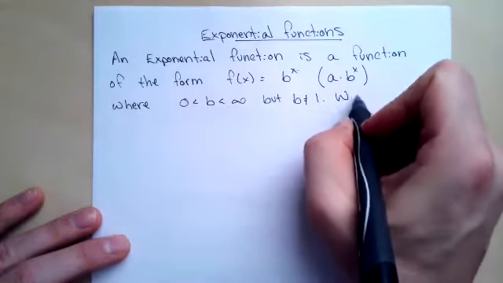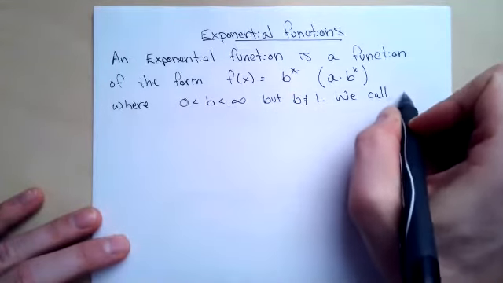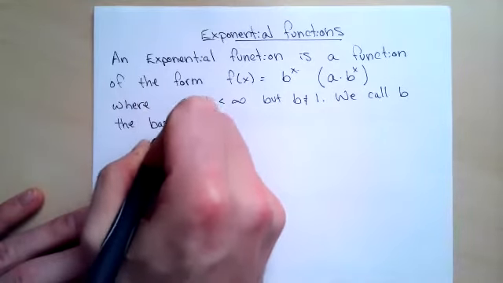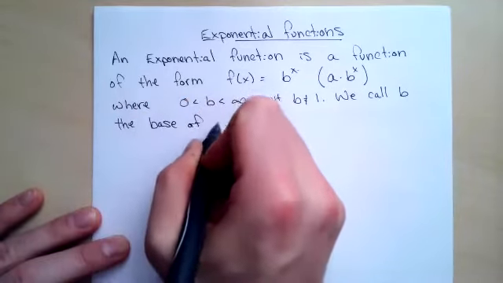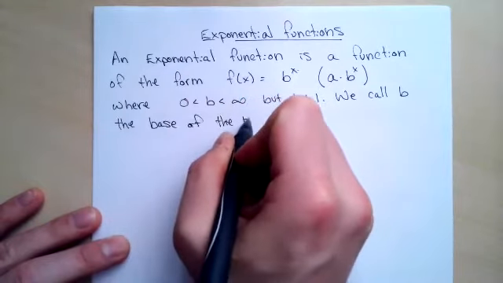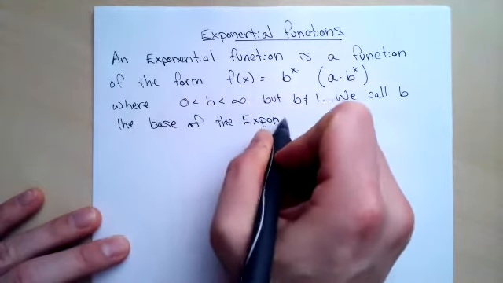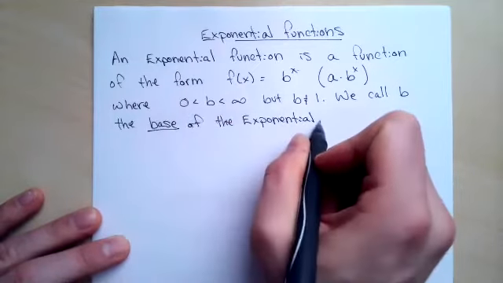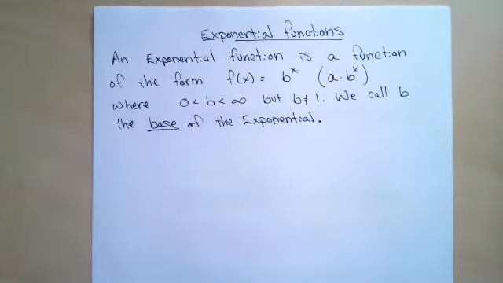And we call this b the base of the exponential. So base 1 doesn't even make sense because 1 to any power is always 1.